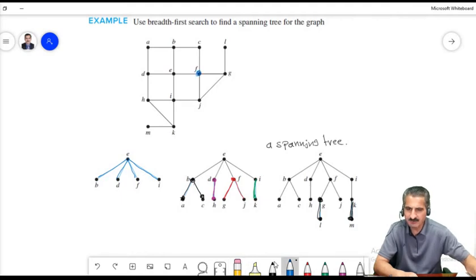So I will take F. Now F is connected to G and to C, E, and G. Okay, so I will go here. I will put G in here, and I will put C in here, and E in here.